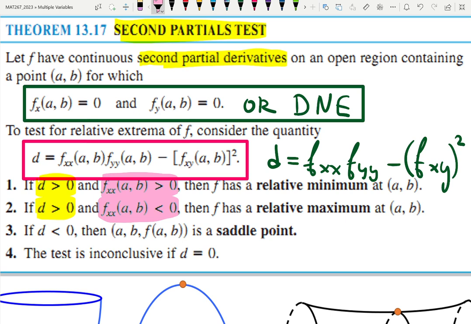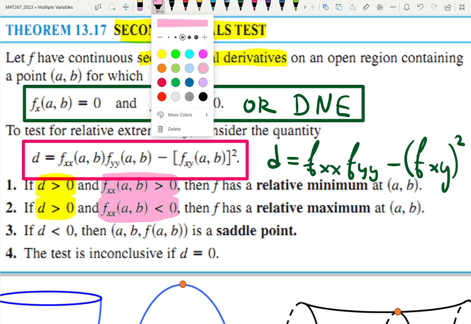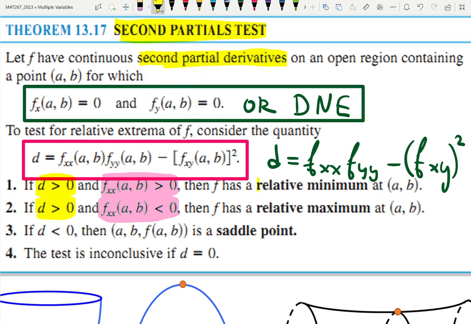If it's negative, then it's a maximum. If D is negative, then it's easier. We just claim it's a saddle point. So let me highlight relative minimum, relative maximum, a saddle point. And it's inconclusive if D is 0, then we don't like it. Then there's no info.